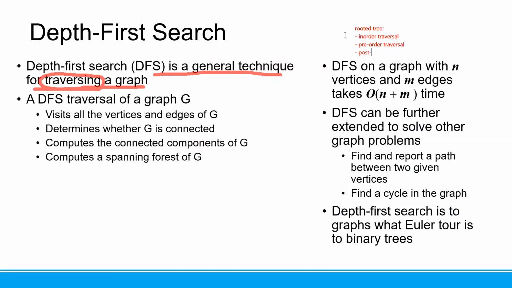Do you still remember post-order traversal? Those concepts are how we can travel to every node in a structured way. That's for the rooted tree, but for the graph we have another way. One of the general techniques is depth first search, which is for traversal in the graph.